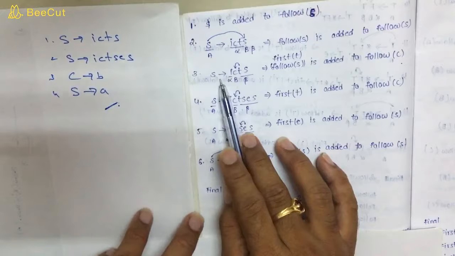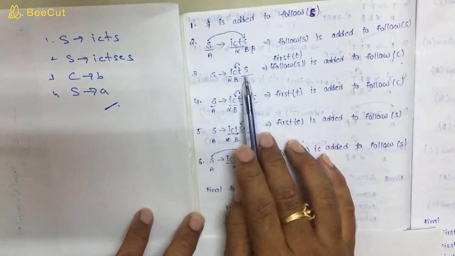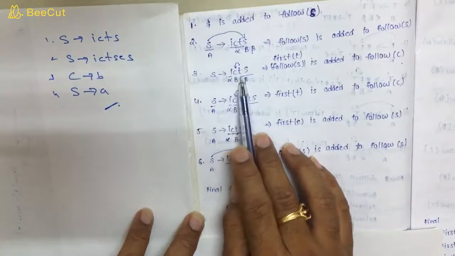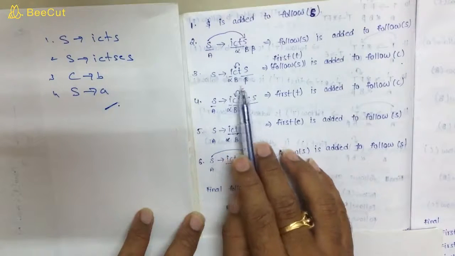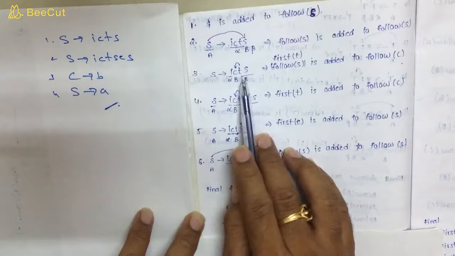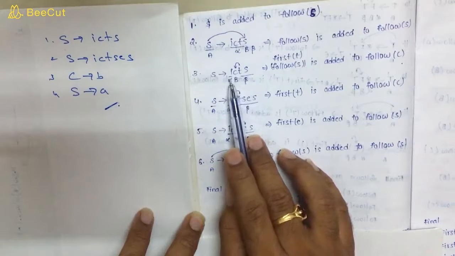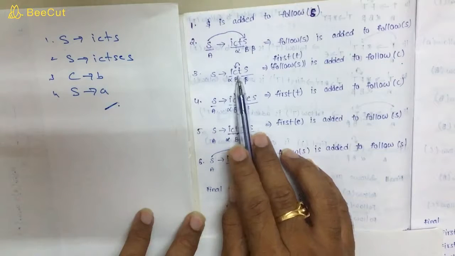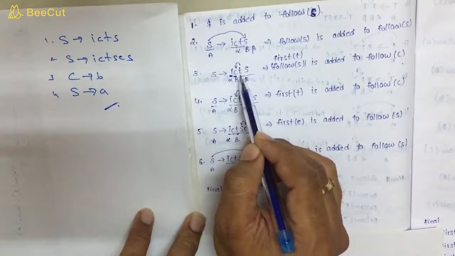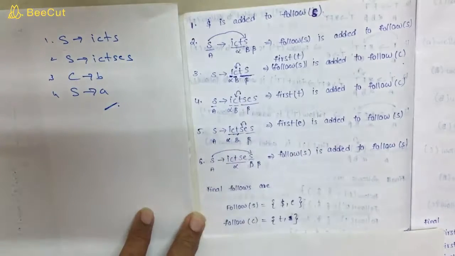Once again, for the production S tends to ICTS, I am treating B as C, beta as TS, and alpha as I, in alpha B beta format. So this is alpha, this is B, and this is beta.